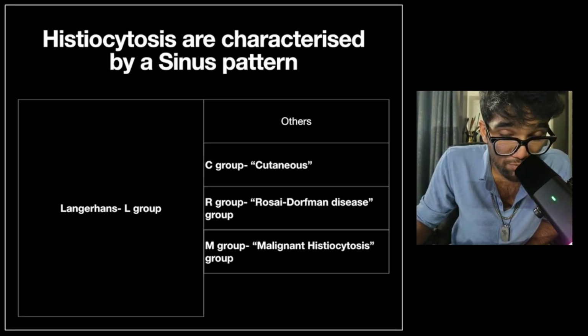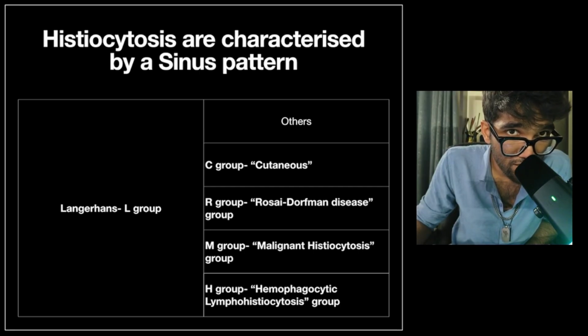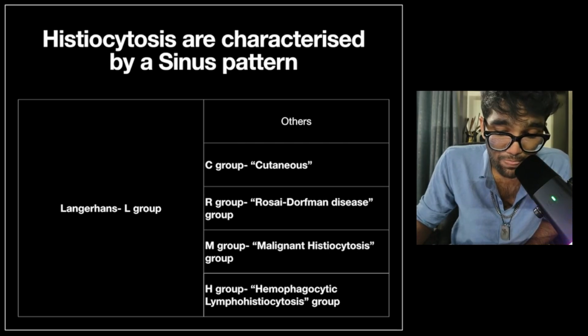M is another, it is malignant histiocytosis, and H stands for hemophagocytic lymphohistiocytosis. In my personal opinion, this appears like a mismatch of various disorders under the general heading of histiocytosis just because there are histiocytes in the biopsy. However, this is the established classification as of now.